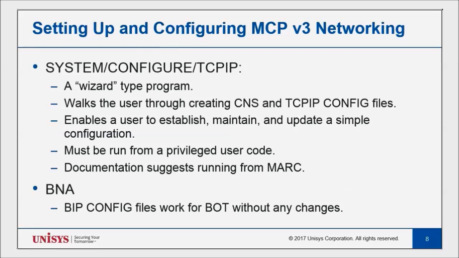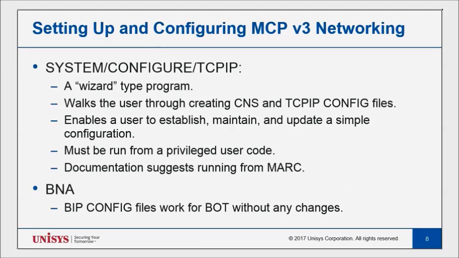Now, one needs CNS and TCPIP configuration files to use MCP v3 networking, and you can use the traditional methods to make those, but we've also written a program which we hope will make it easier and more intuitive to set up a configuration for a straightforward configuration.